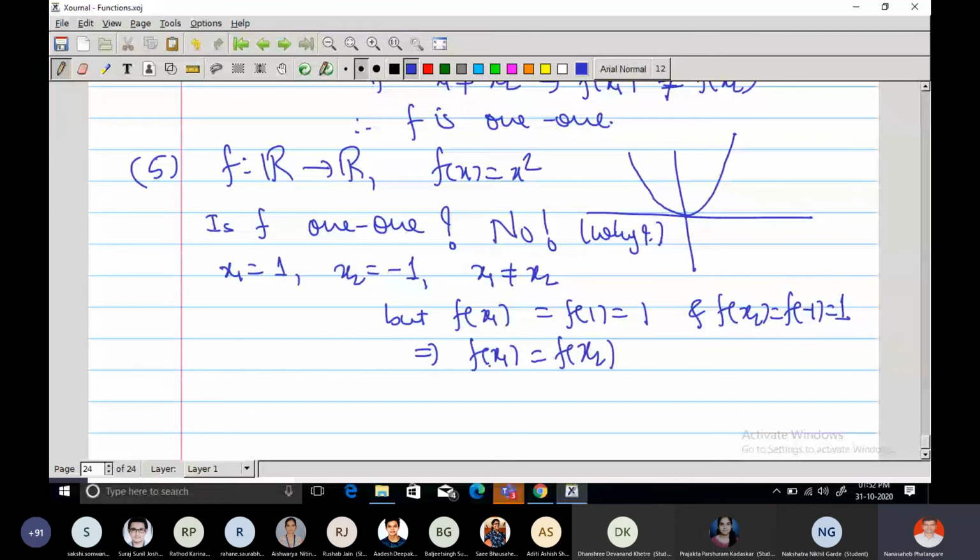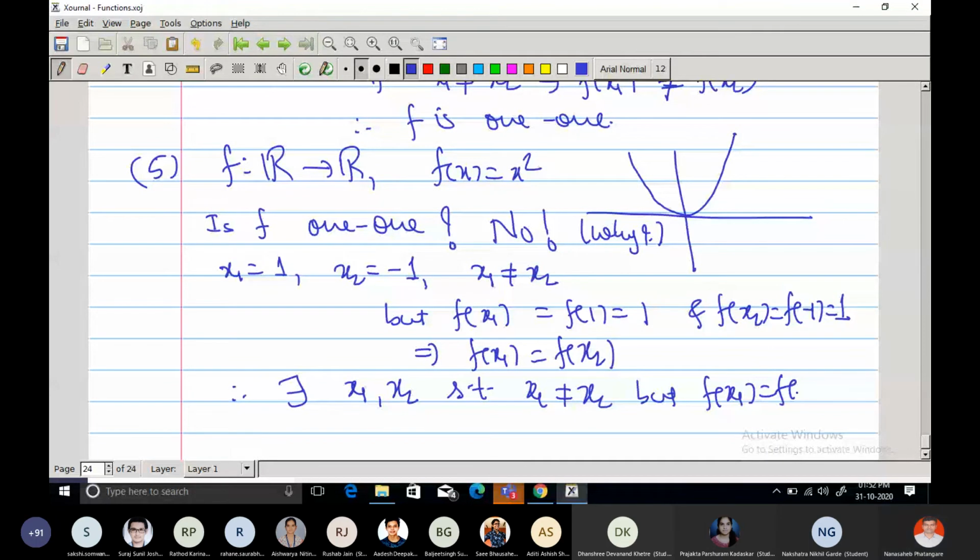So two elements are unequal, but their images are equal. Therefore, there exist x1, x2 such that x1 and x2 are unequal, but f of x1 is equal to f of x2. So this is what is happening here, right? Therefore, f is not 1-1.